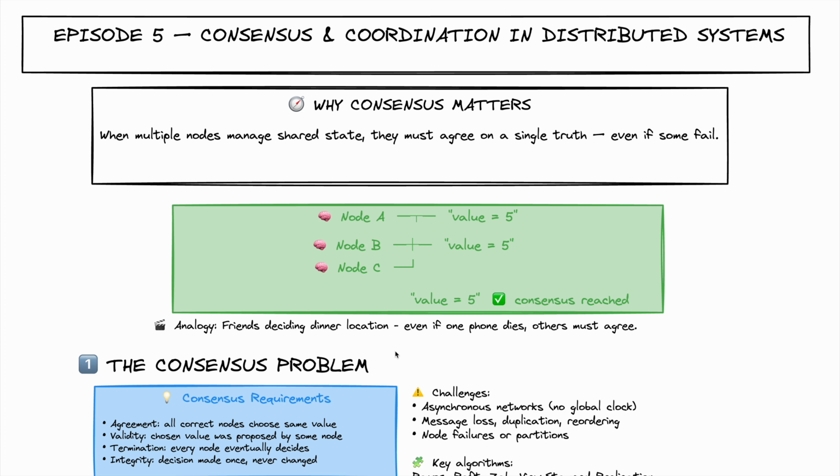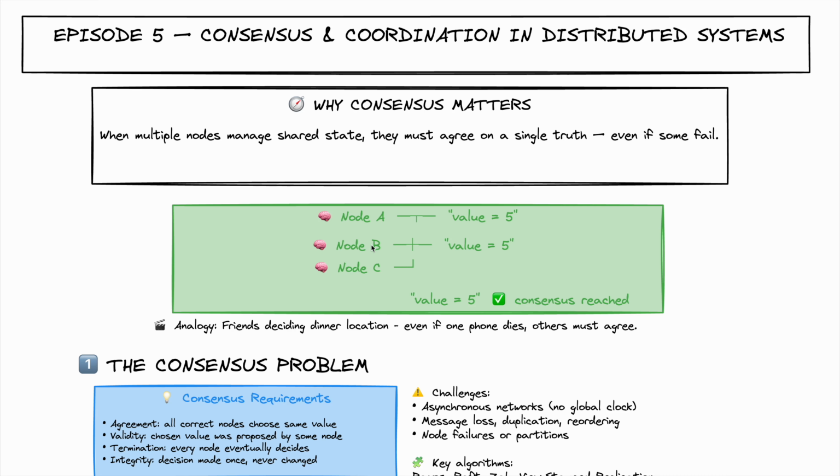An analogy for this example would be that we are 5 friends deciding on a dinner location. Even if one of our friends' phone dies, we must agree on a certain location. The same is true here. Let's say we have 3 nodes or 3 friends, and node C, or one of the friends, is not available.